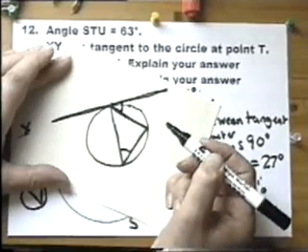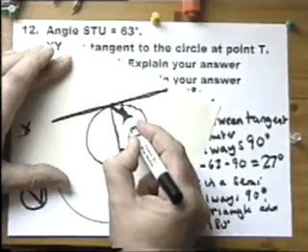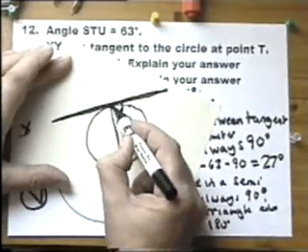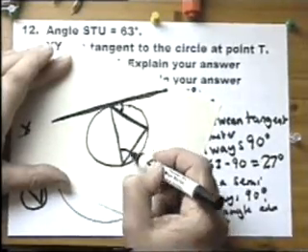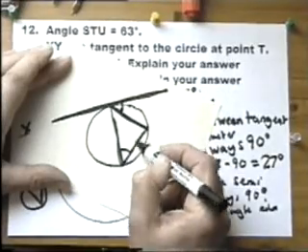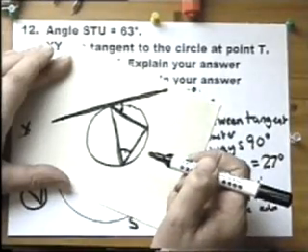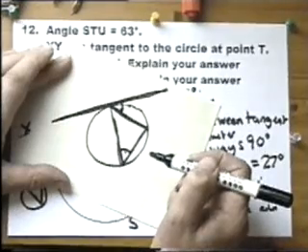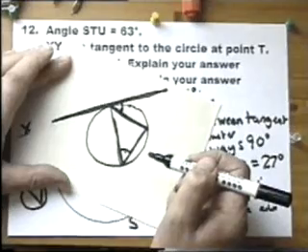And this is another circle theorem. Angle between a tangent and a chord equals the angle subtended by that chord in the alternate segment. Possibly the hardest of these circle theorems to write down.